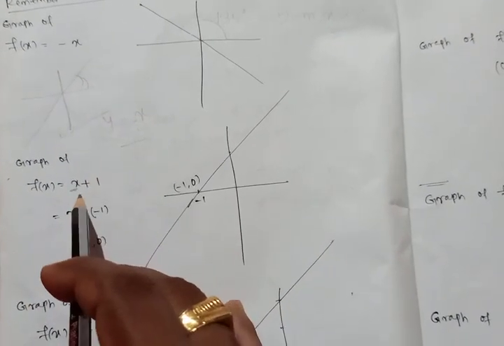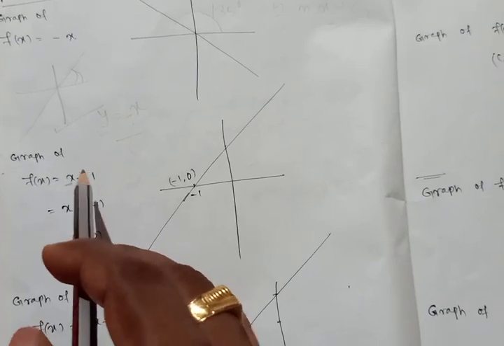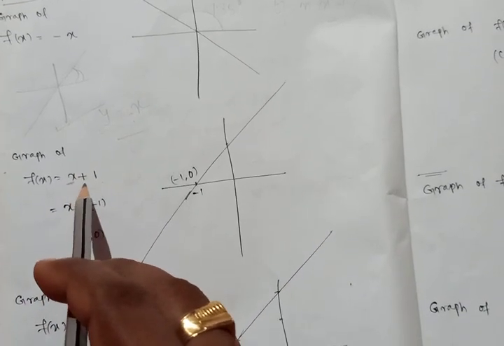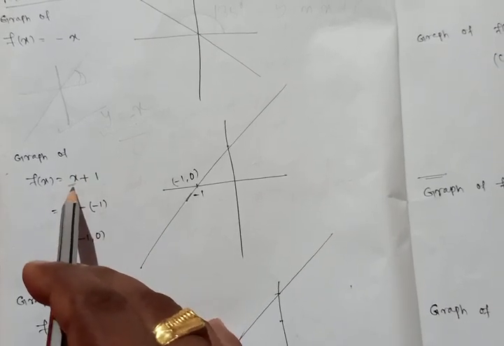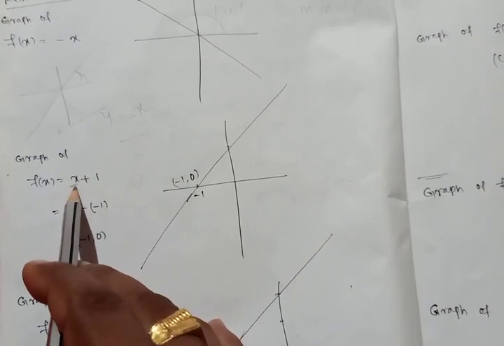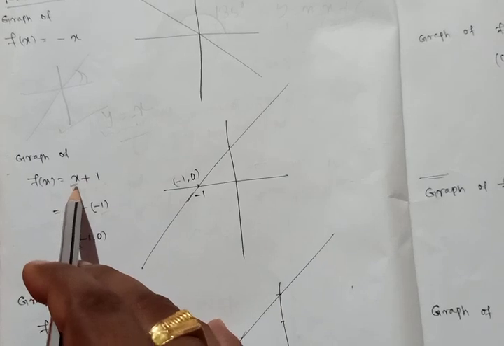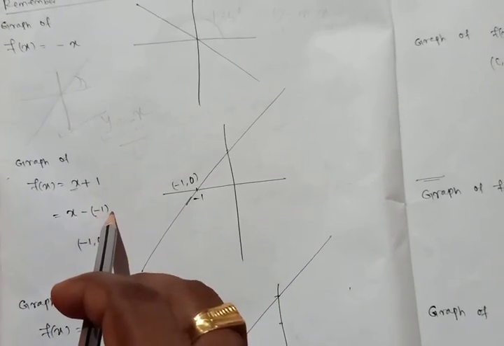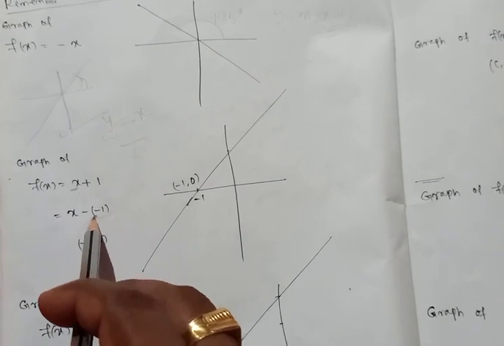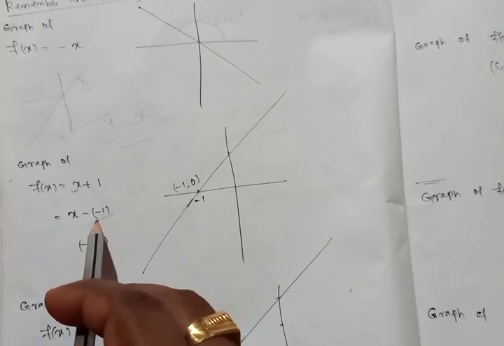But here it is plus 1. So what to do? In such a case, you try to write it as x minus something. Here you have plus 1, so writing it as x minus something, the something is minus 1. Okay, so in place of something, we get minus 1.